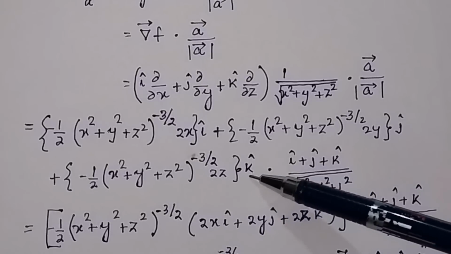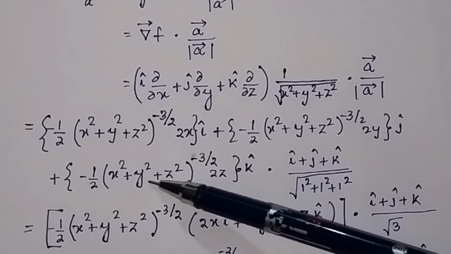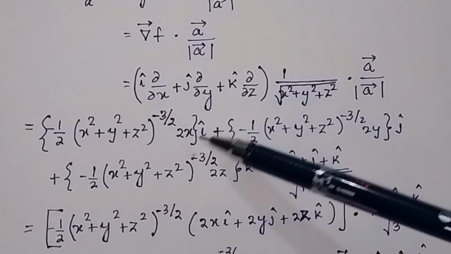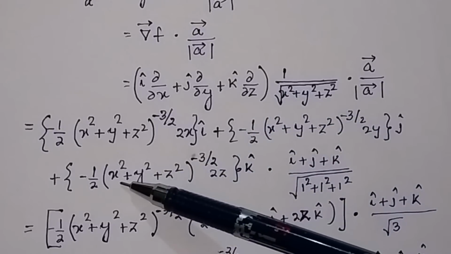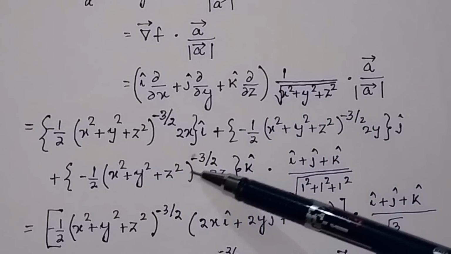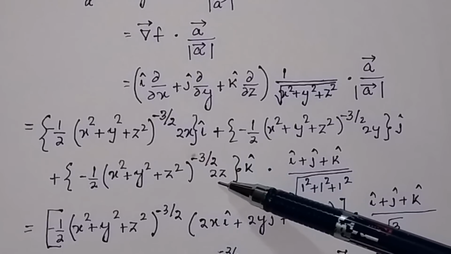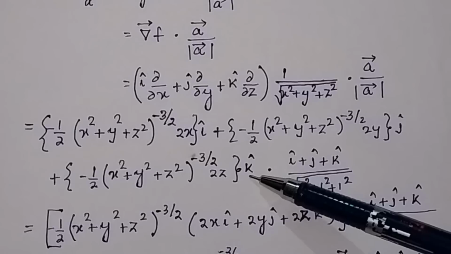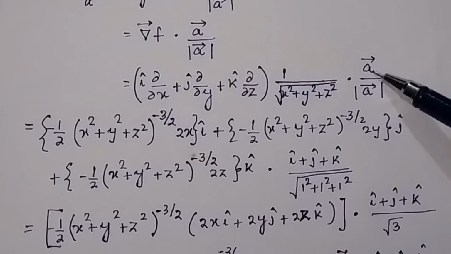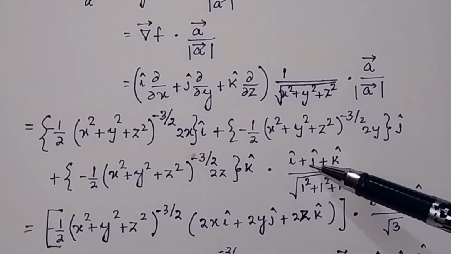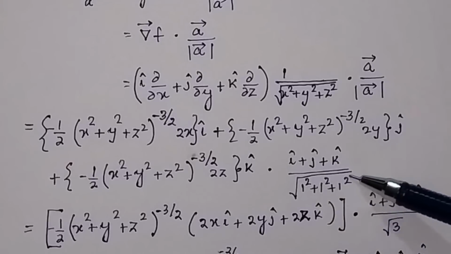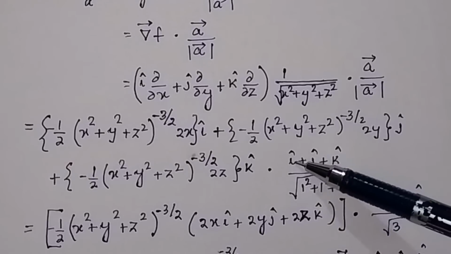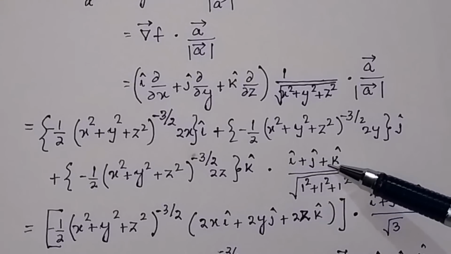And for the k cap component, the partial derivative with respect to z will be equal to minus half (x square plus y square plus z square) to the power minus 3 by 2 into 2z into k cap, dotted with the vector a, that is i cap plus j cap plus k cap divided by the magnitude of a, that is the square root of 1 square plus 1 square plus 1 square.